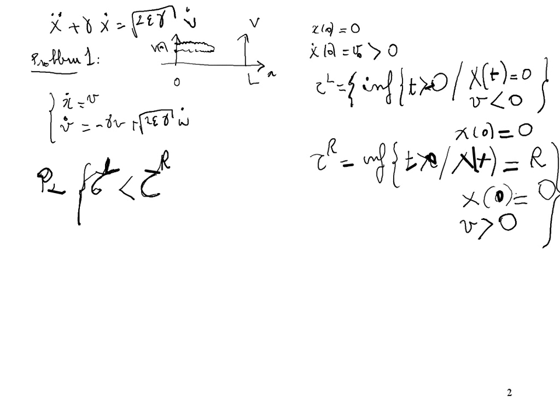Which can be written this way. And then the question is, of course, how to evaluate such a quantity. I will leave this more or less open because this is not a trivial question.